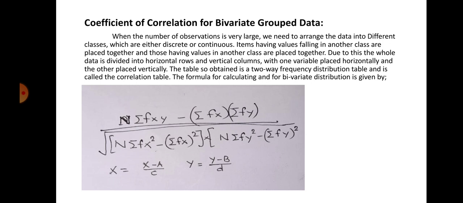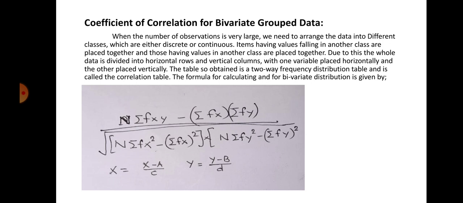We are forming different classes to make it convenient. The table so obtained, a two-way frequency distribution, is called the correlation table or the bivariate frequency distribution. The variables here may be age and age. One of the variables is x, another is y.